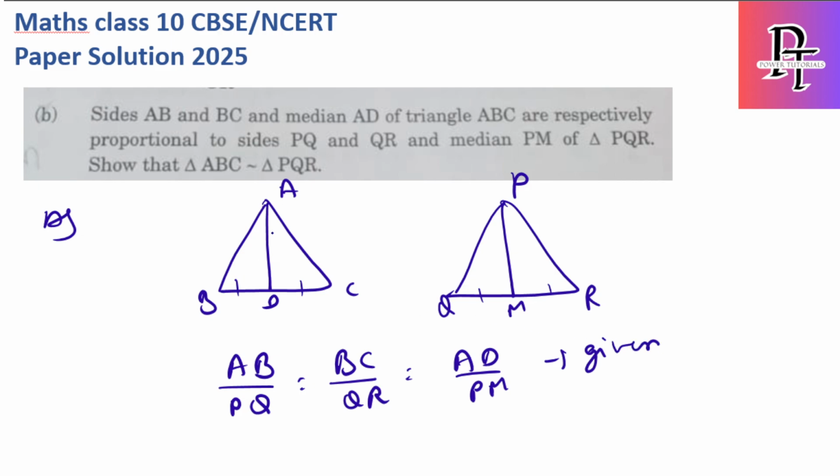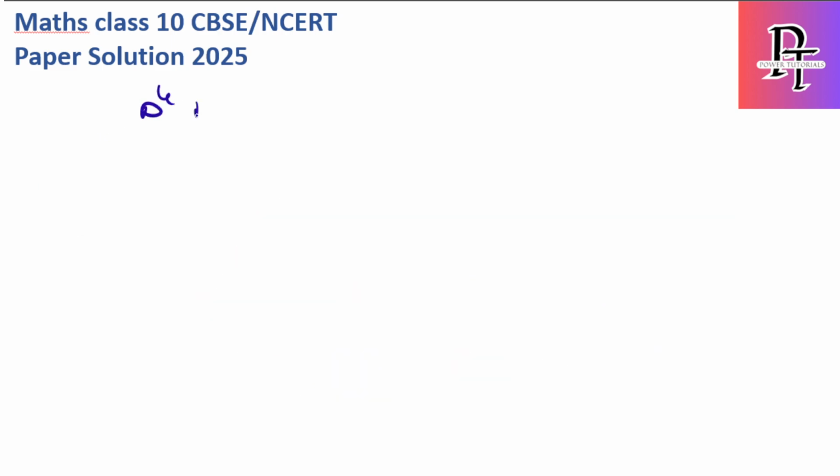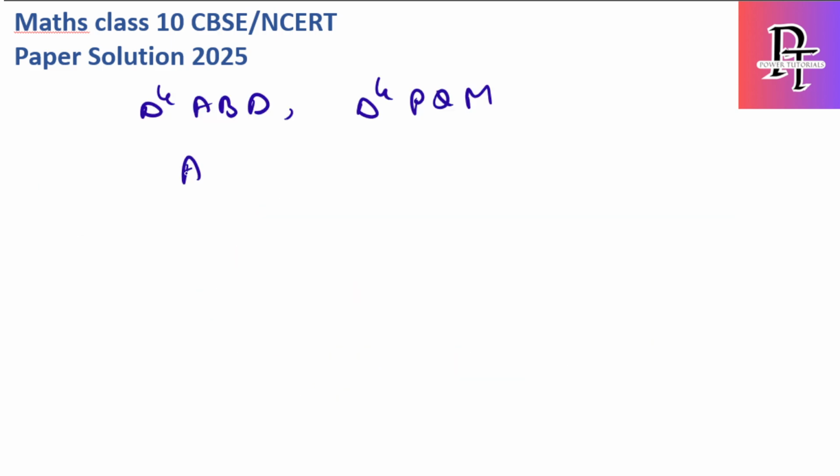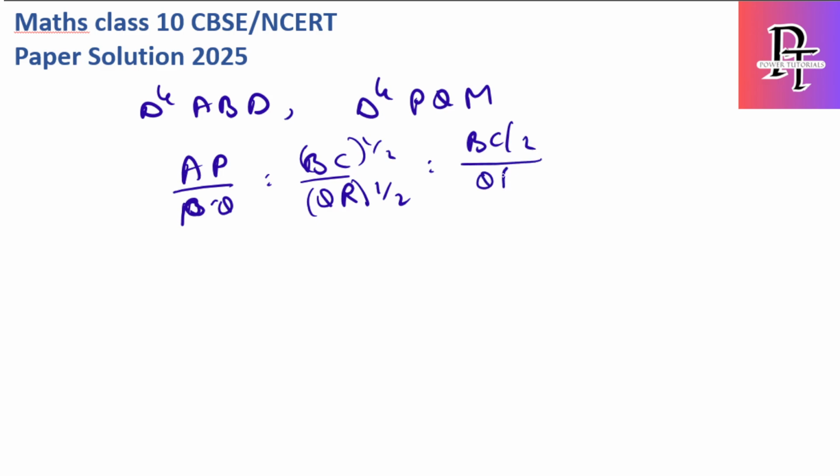Okay, now let's consider triangle ABD and triangle PQM. If you consider these two triangles, one ratio we already have, which is AB by PQ is equal to BC by QR. So BC by QR, if I multiply into half, this becomes BC by 2 and QR by 2.